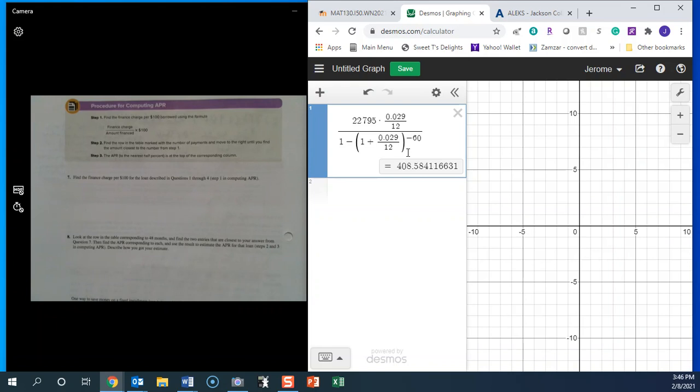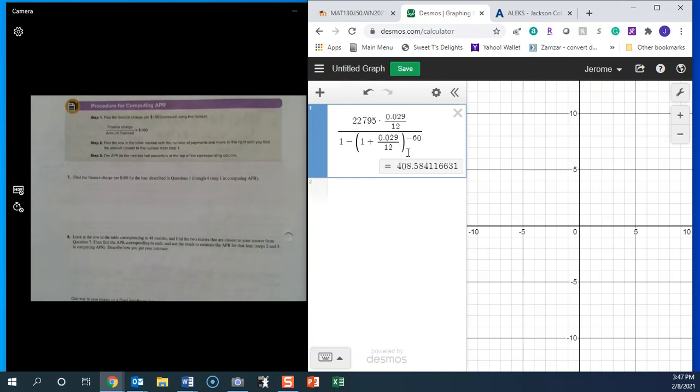It says find the finance charge per $100 borrowed using the formula: finance charge divided by amount financed times $100. Step 2, find the row in the table marked with the number of payments and move to the right until you find the amount closest to the number from step 1. Step 3, the APR to the nearest half percent is at the top of the corresponding column.